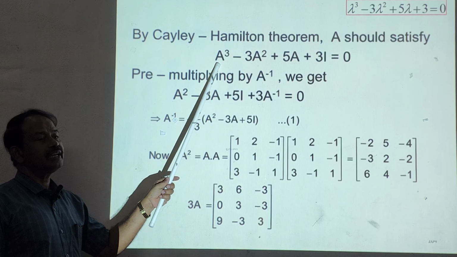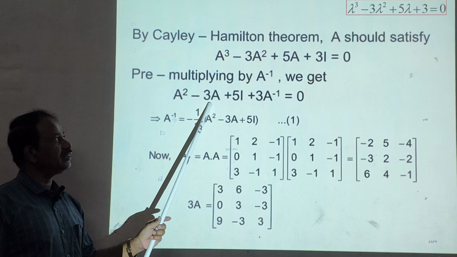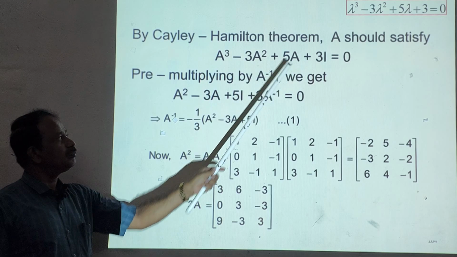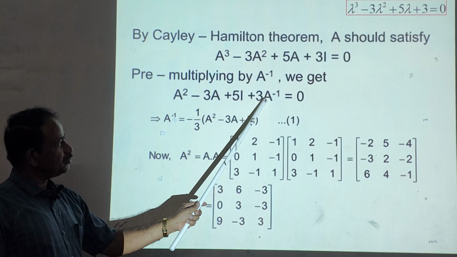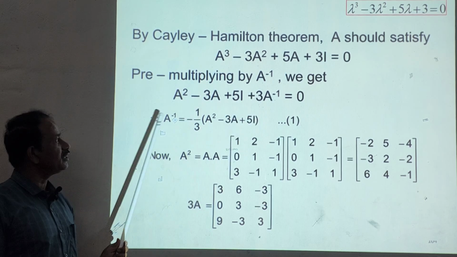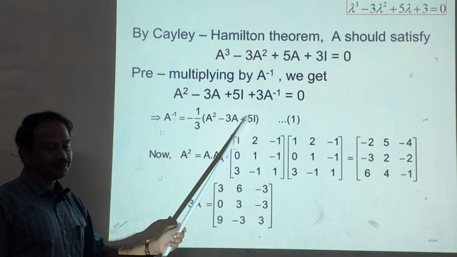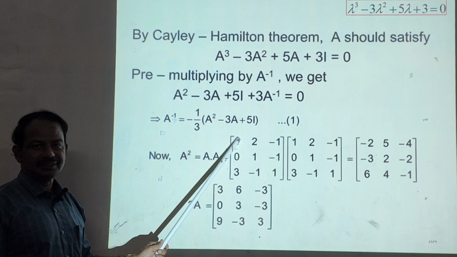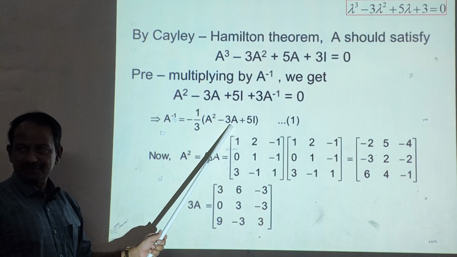Multiplying with A inverse will give you A inverse multiplied by A cube will be A square minus 3A plus 5I plus 3A inverse. So you just keep 3A inverse this side, you bring all those terms to the right hand side, which will give you 3A inverse equal to minus of all those things, and of course A inverse will be 1 by 3 times of this.